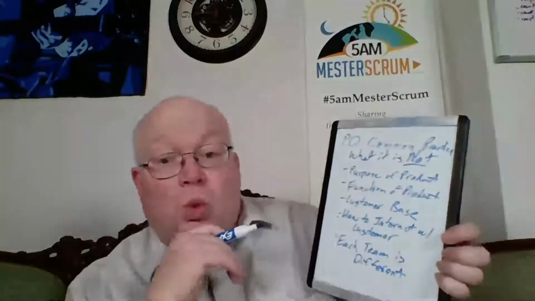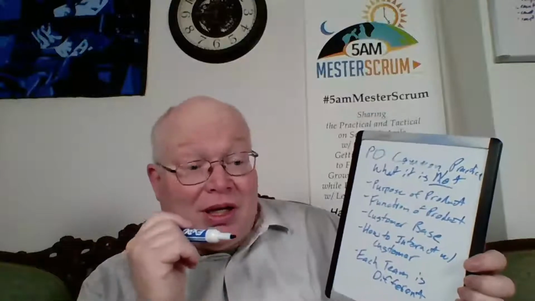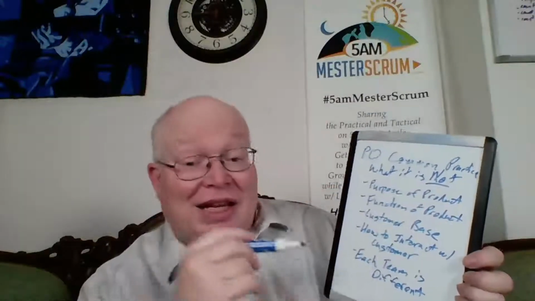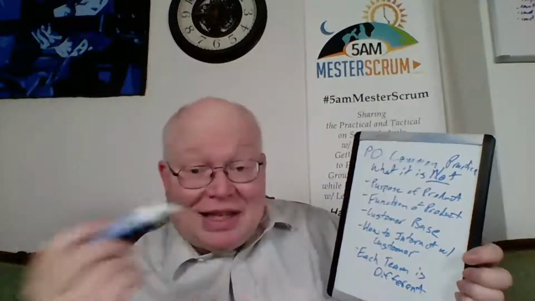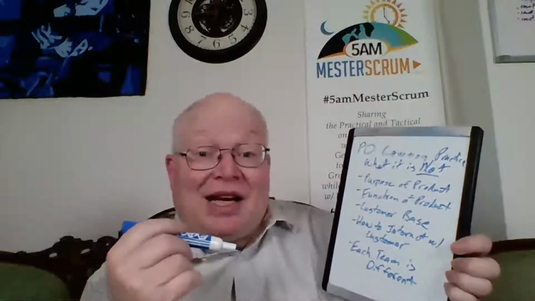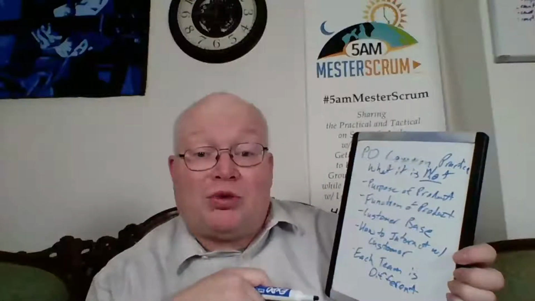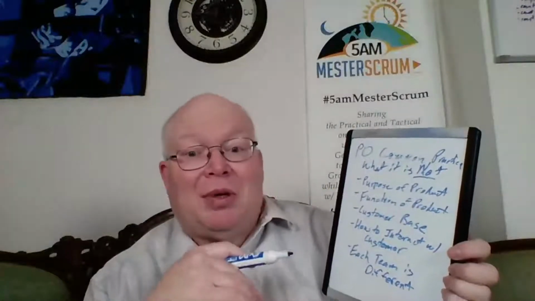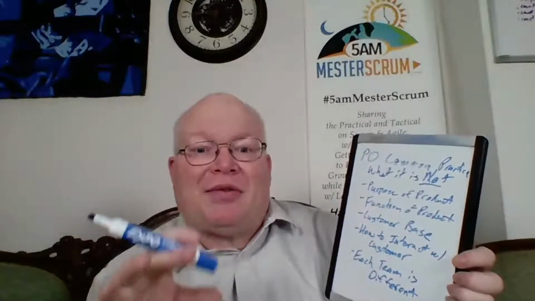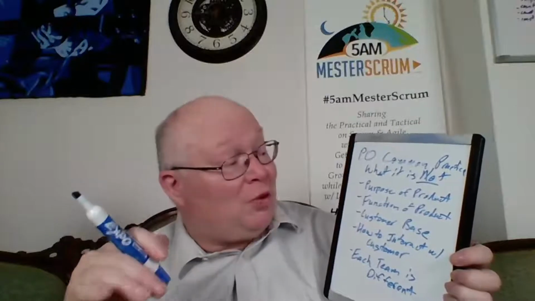So what common practice for product owner is not? It's not purpose of the product, not the function of the product. It's not the customer base. It's not how you interact with the customer. And it's definitely not each team. So every one of these will vary based on where you drop them in. So you can see where people are like, oh, I'm going to take a product owner from one team, drop them in the other team, and they're just going to get going, running full blast.